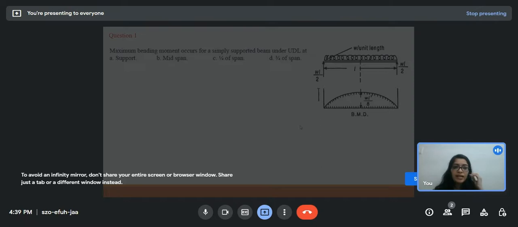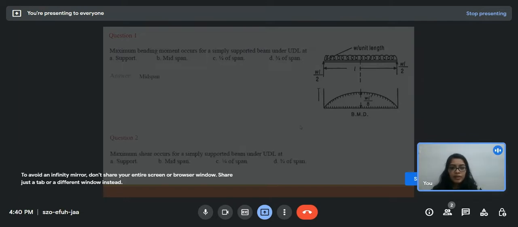We can see that at the mid span, where x is L by 2, there is maximum bending moment, which is equal to wL square by 8. We all know how to draw a bending moment diagram, shear force diagram, etc. I need not explain it further. So the maximum bending moment occurs for a simply supported beam at the midspan. Option B is the right answer.